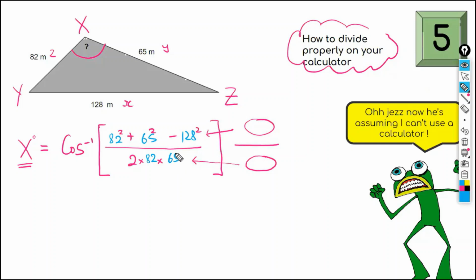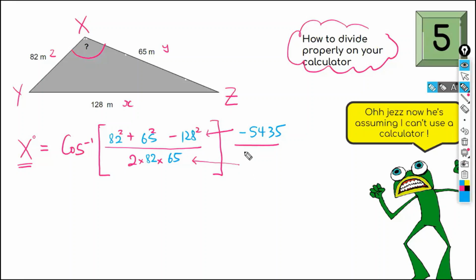What I'm suggesting is that you work out the top separately, 82 squared plus 65 squared. And on top, I'm getting minus 54.35, and underneath, I am getting 2 by 82.